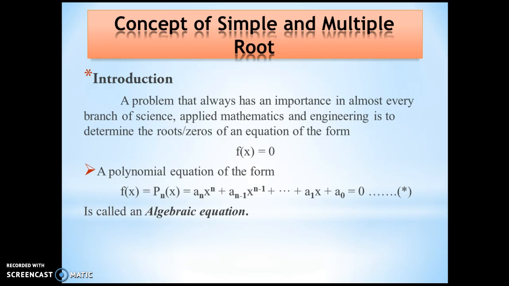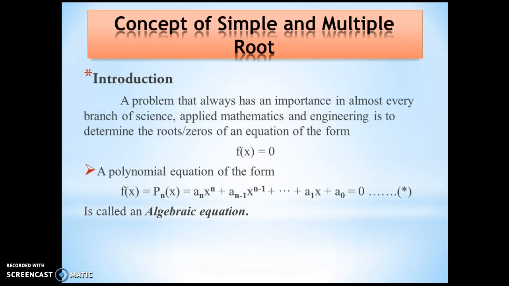As we have discussed earlier, the problem that always has importance in every branch of science, applied mathematics, and engineering is to solve f(x) = 0. We have two types of equations. The first is the algebraic equation, and the other is the transcendental equation.